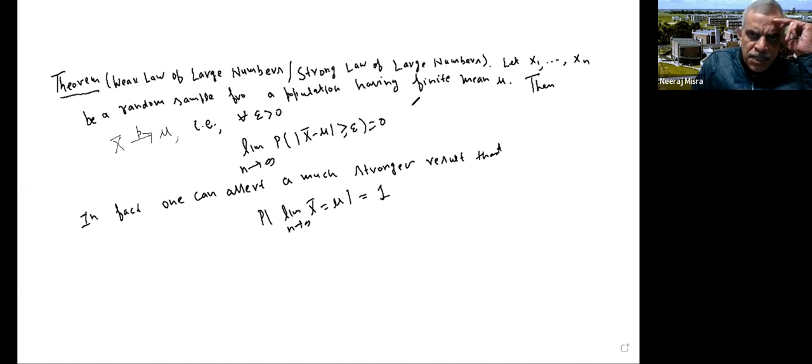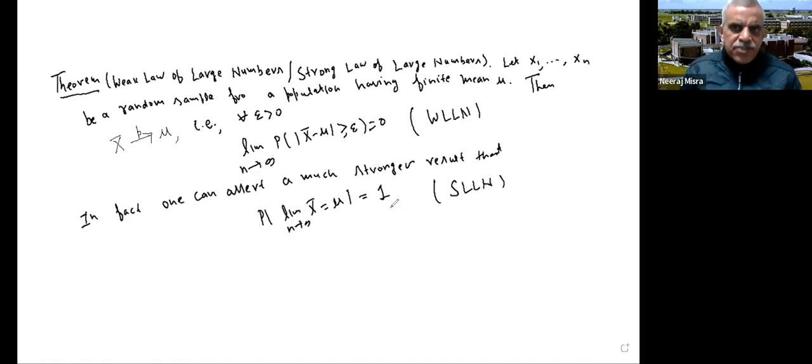This result is called the weak law of large numbers, WLLN. This is called the strong law of large numbers, SLLN. And everybody knows that the strong law of large numbers is much stronger than the weak law. This implies this. So this is a well-known result from your probability theory.